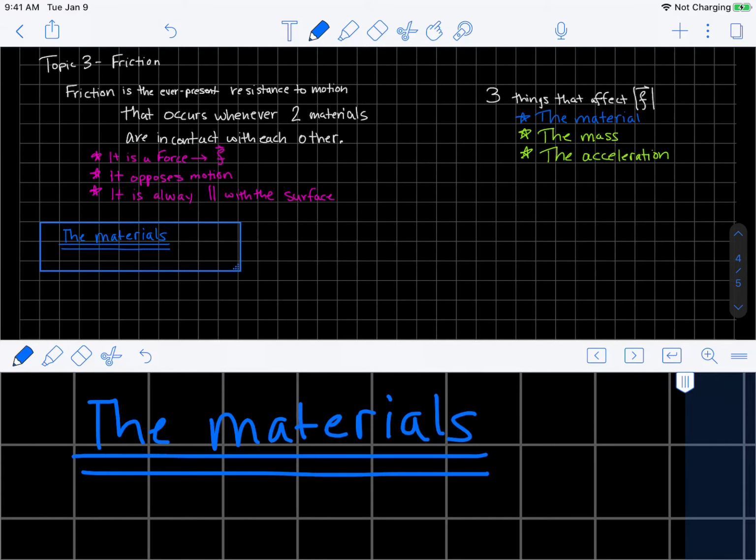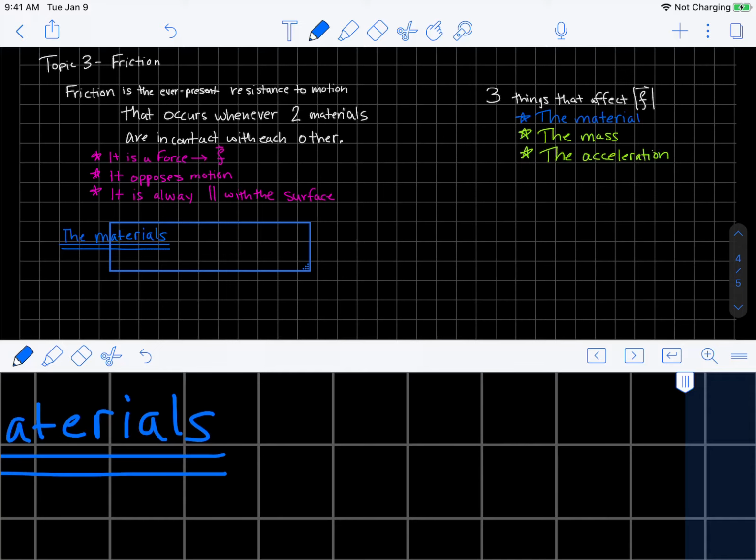When we talk about materials, we're going to use this Greek letter. It's the Greek letter for m, lowercase m, pronounced "mu" in Greek. This is going to represent the materials that are involved. This is known as the coefficient of friction.